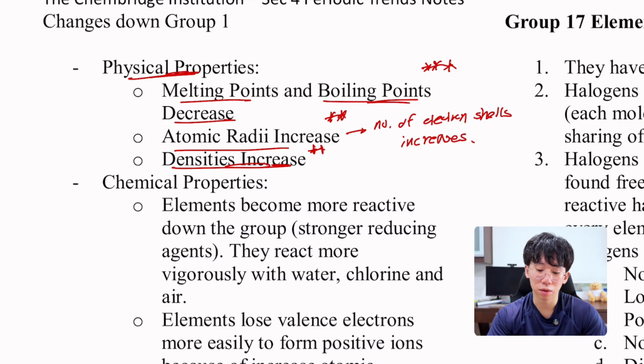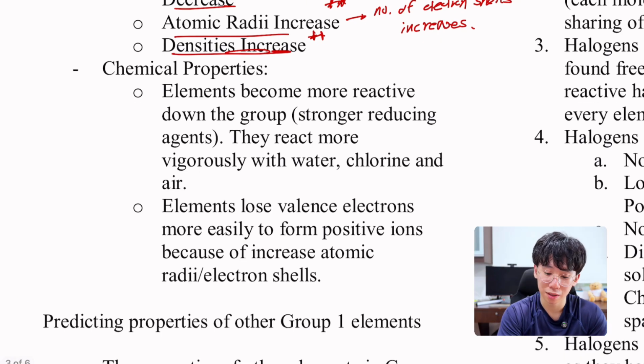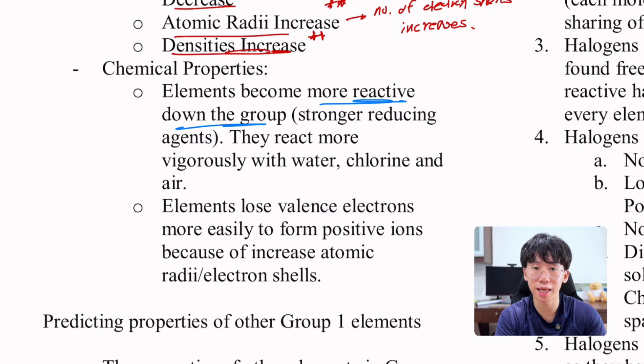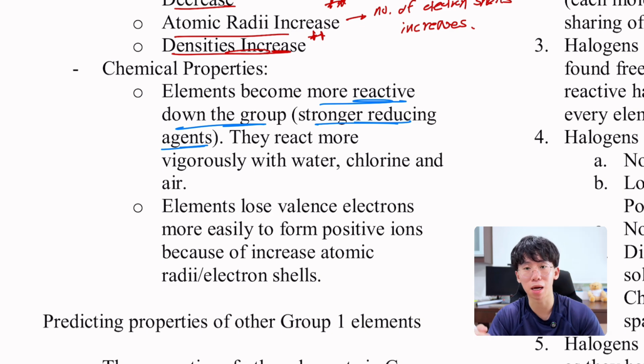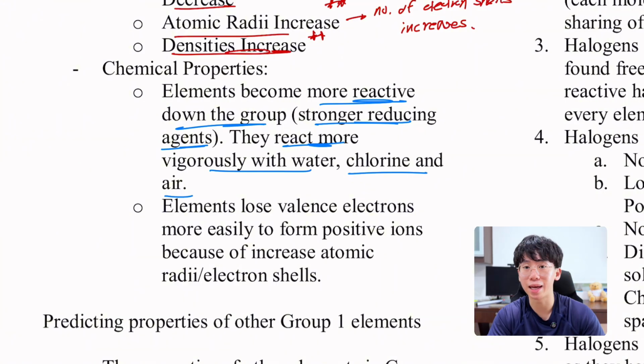And how about your chemical properties? In terms of chemical properties, your elements actually become more and more reactive down the group, as I've been saying, and this also makes them stronger reducing agents as you go down the group. You can see from the examples that I ran through, they react more and more vigorously with either water or chlorine or air itself.